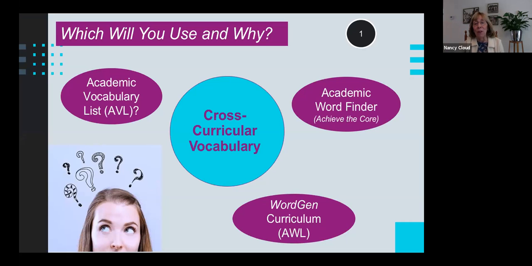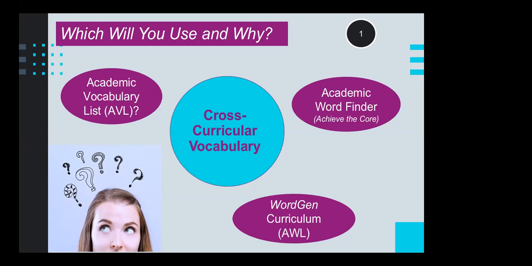Now they've taken interest in this word, so I want to expand on that because they're excited about the word, and then it's worth going into a little bit more.